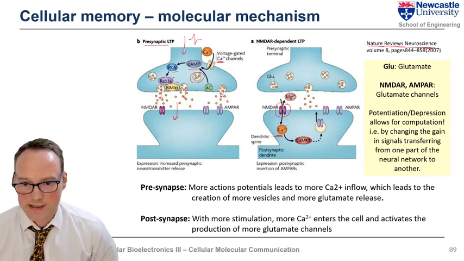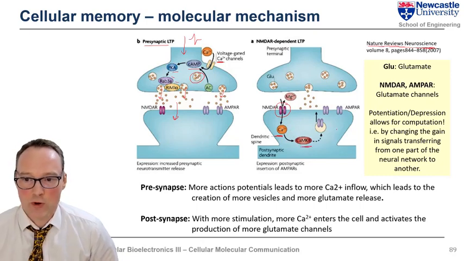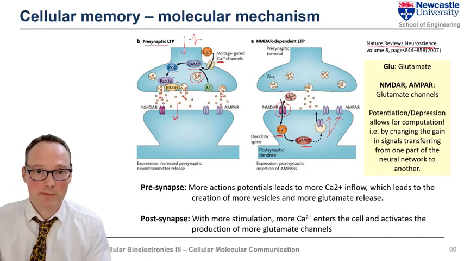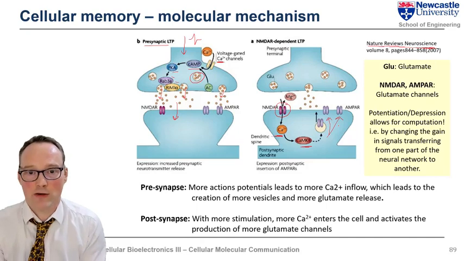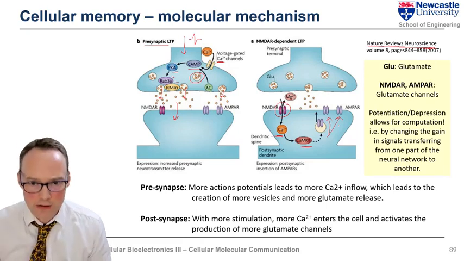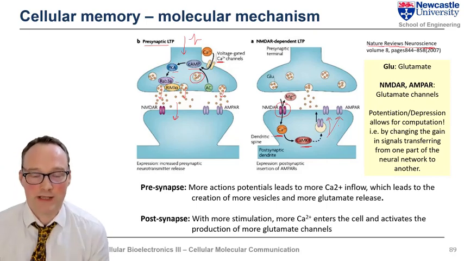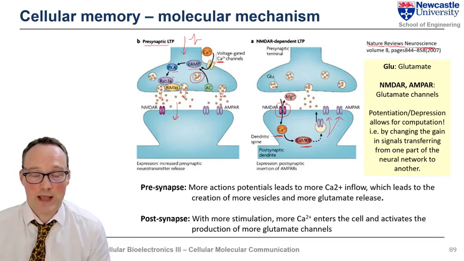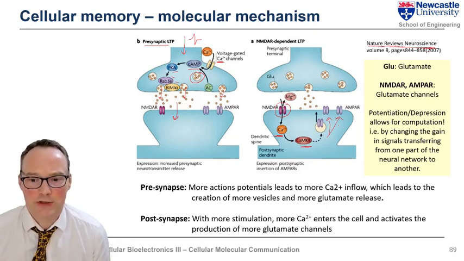The calcium starts to activate processes which start to produce more receptors. If there are more receptors in the postsynapse, when they get activated by the neurotransmitters, more charge enters the cell, which then has a greater impetus for the neuron to integrate that and create an action potential.